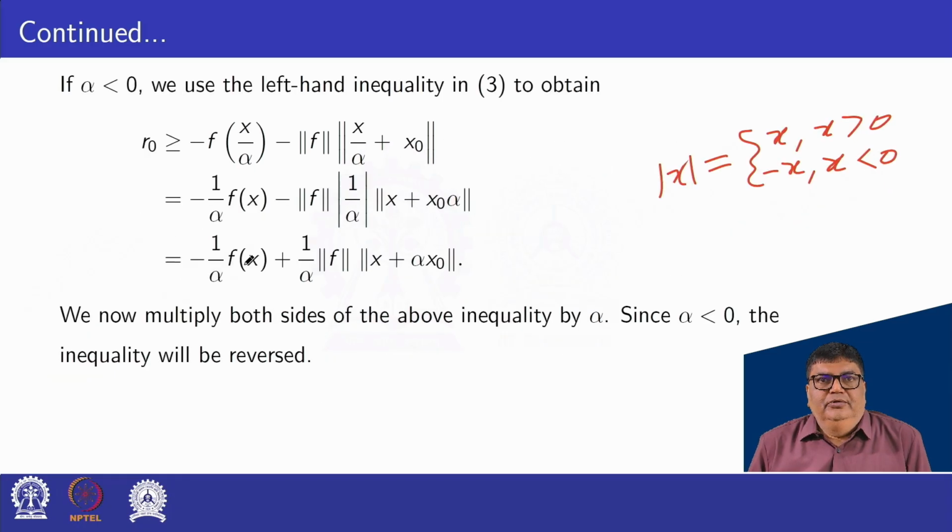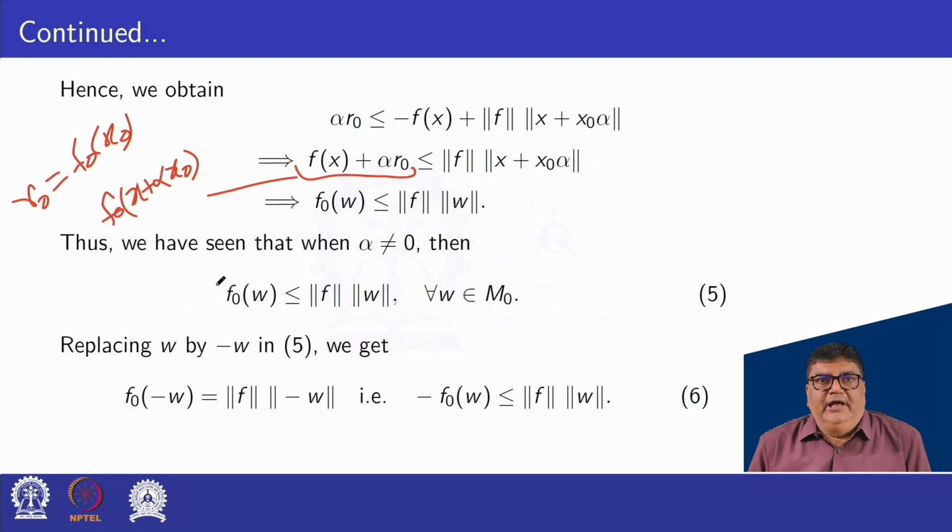So we have proved f0 w less or equal to norm f into norm w for alpha not equal to 0.